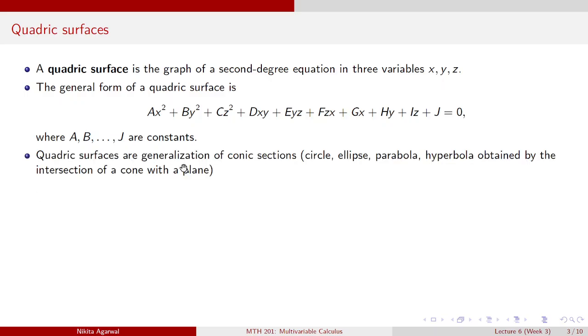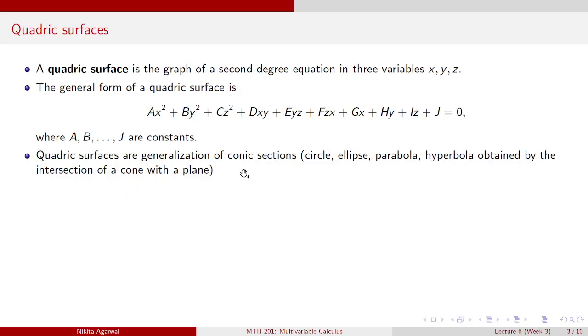Quadric surfaces are a generalization of conic sections. What are conic sections? They are circle, ellipse. A circle is a particular case of an ellipse when the major and minor axes are equal. Then parabola and hyperbola, which are all obtained by intersecting a cone with a plane.